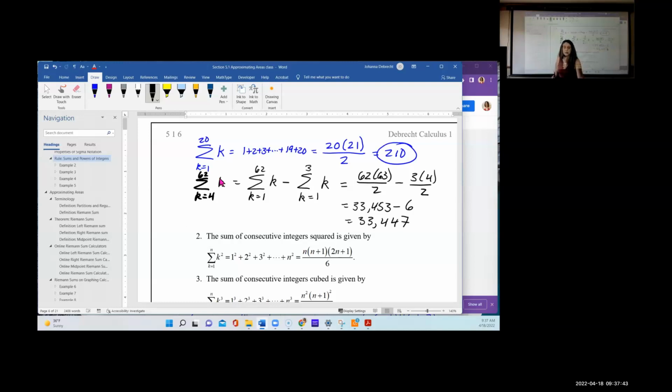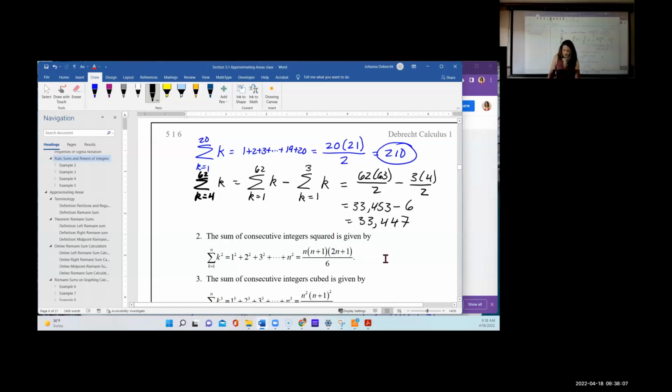So that's how we use that previous rule that we saw where we can rewrite it in terms of other ones. So we write it as the sum from 1 to 62 minus the sum from 1 to 3, where 3 stops just short of where I wanted it to start. And so then this will just give me the sum from 4 to 62. Okay?